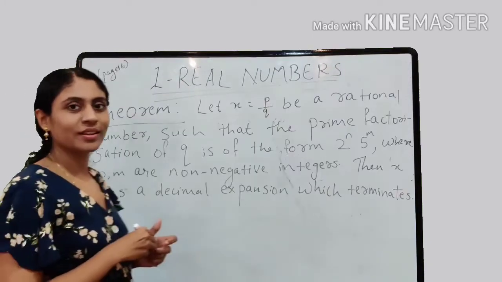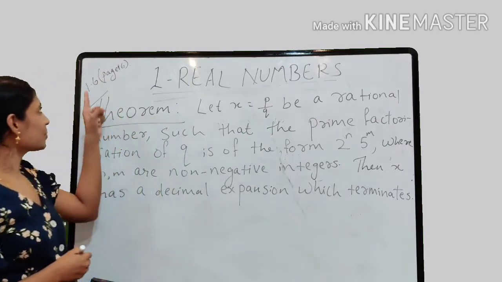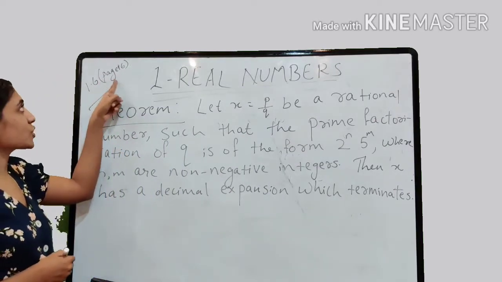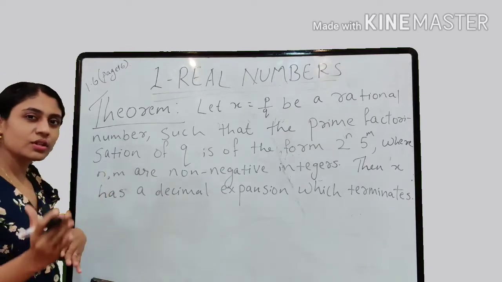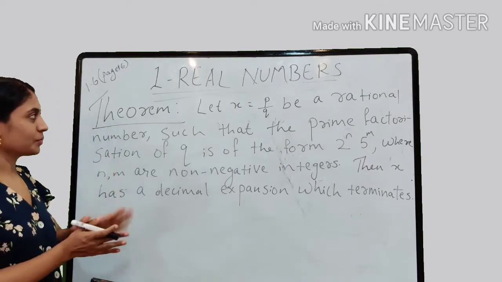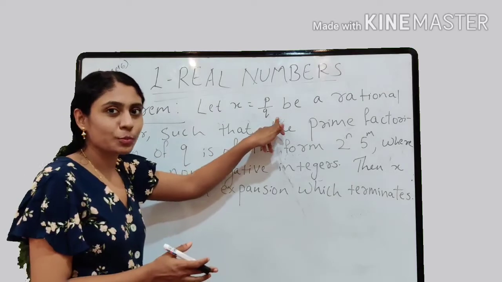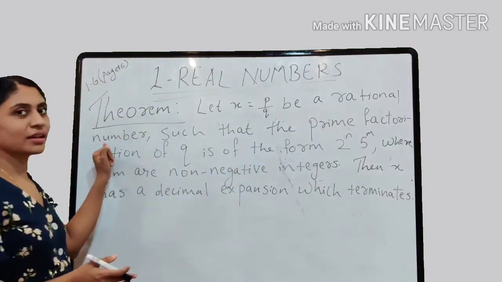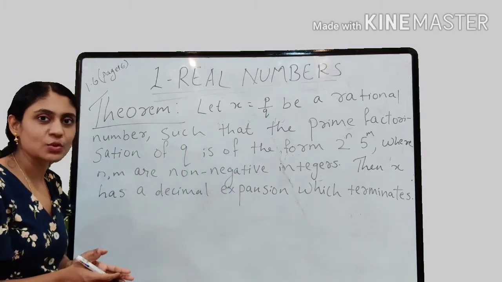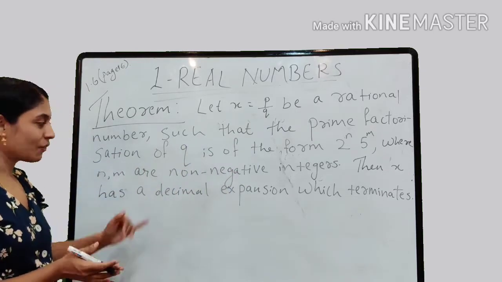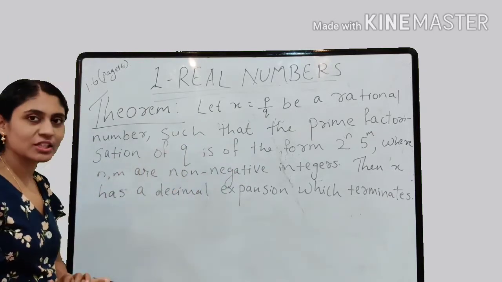Understood? So here comes the next theorem, that is theorem 1.6, page number 16 in our textbook. What the theorem says is the reverse order of the previous theorem. Let x is equal to p by q be a rational number such that the prime factorization of q is of the form 2 raised to n into 5 raised to m, where n and m are non-negative integers.